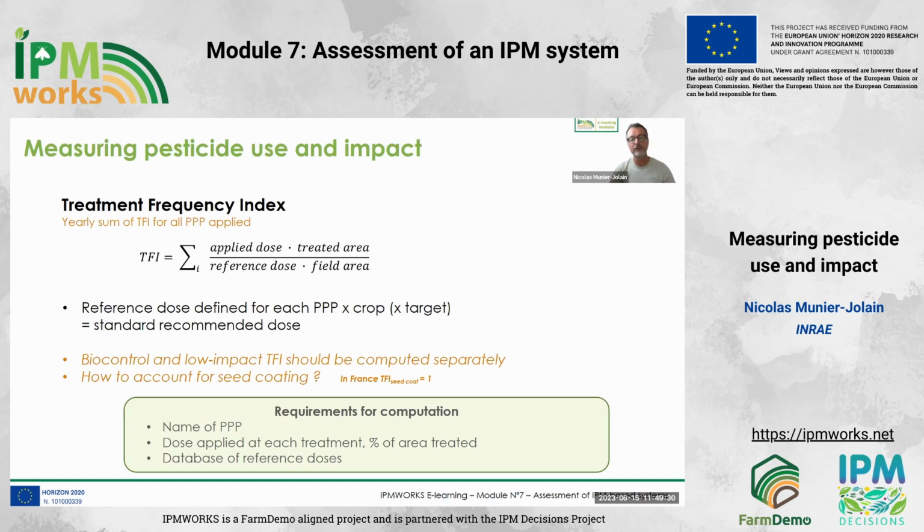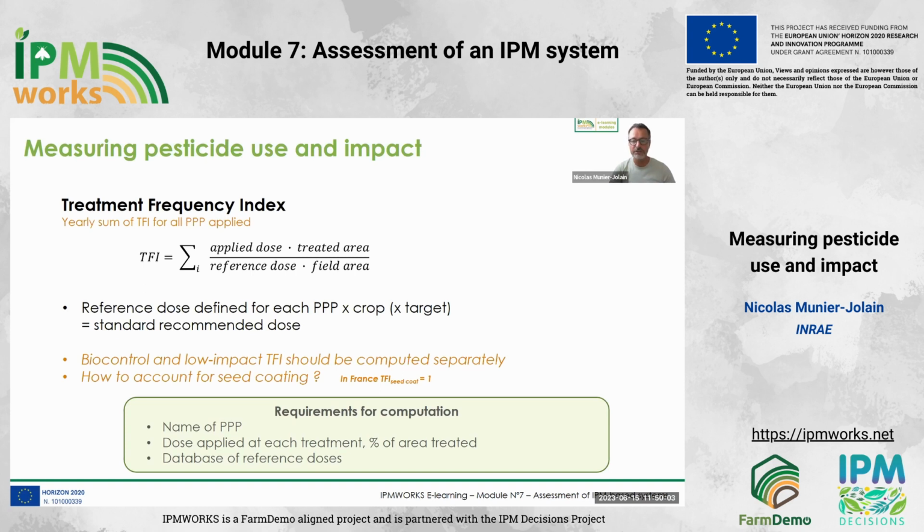And there is the issue of how to account for seed coating. This is a complex issue. In France, the Ministry of Agriculture has suggested to simplify the computation of TFI for seed coating by considering that the TFI of seeds that are treated, that are coated, is equal to 1, which is summed to the other treatments on top.